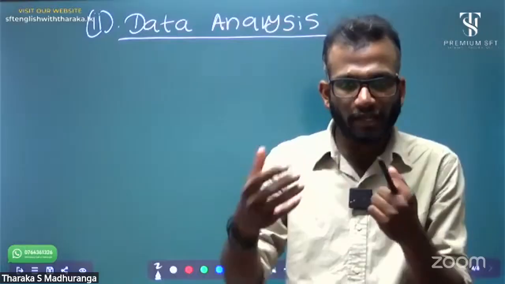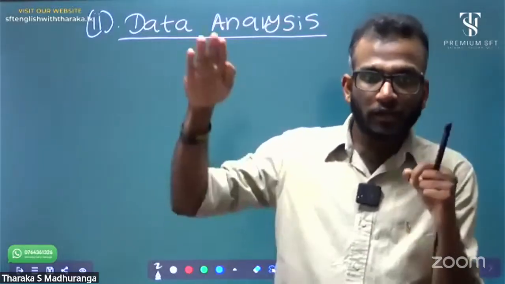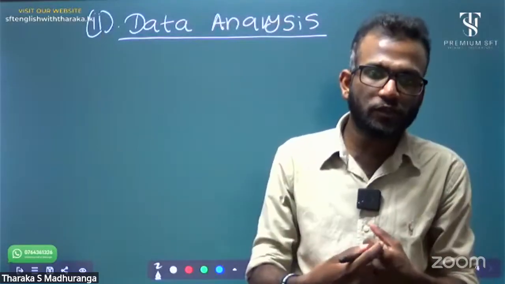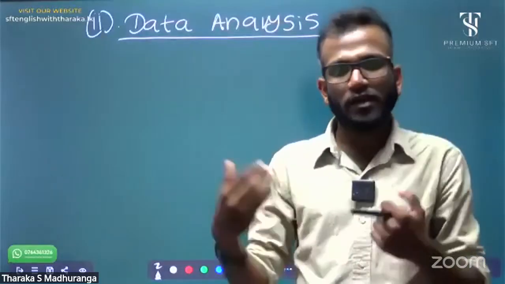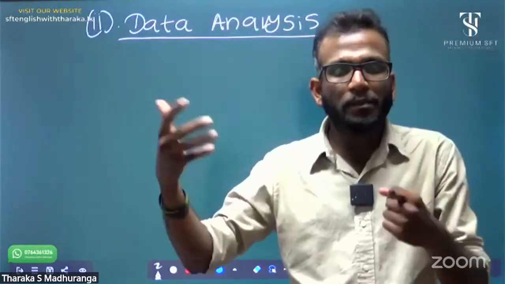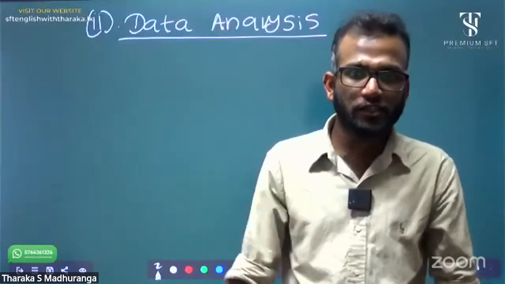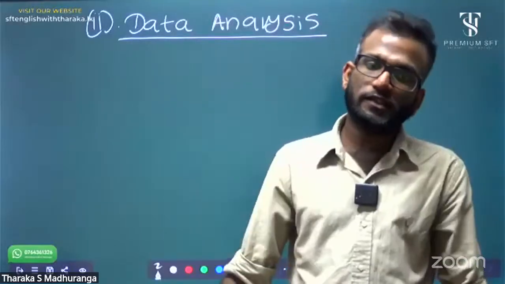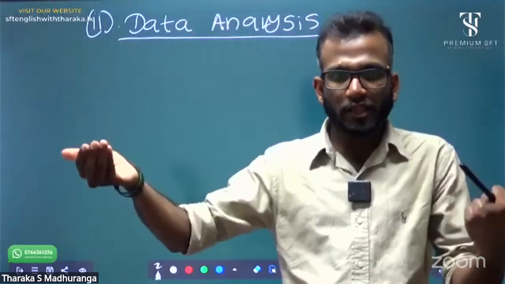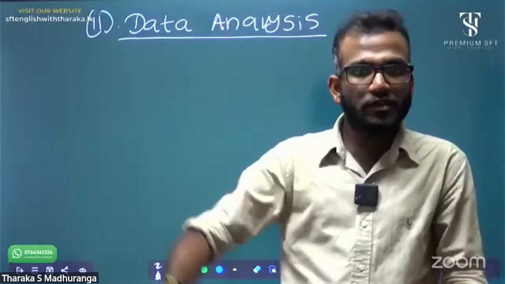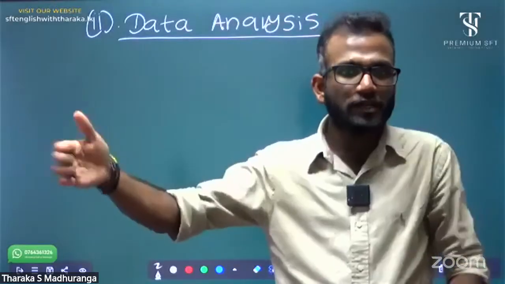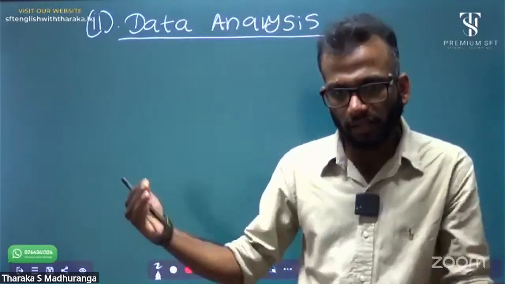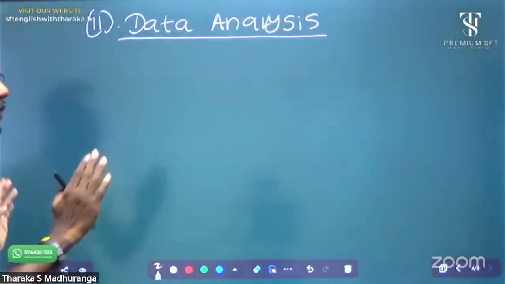That means data collected as numerical numbers: heights of students, ages of students, marks of students, number of productions of plants, number of coconuts produced in a coconut plantation, the weight of students in a classroom, weight of students in a school, and so on. They are only quantitative data, not qualitative.